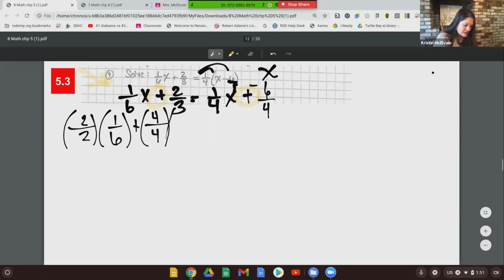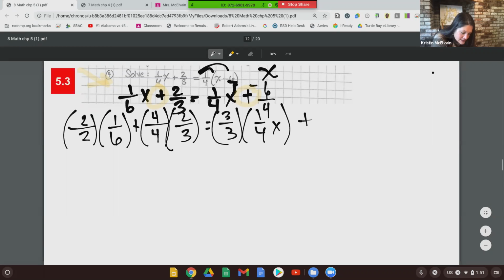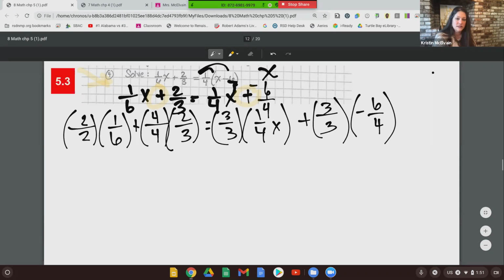So that's the same as 1 times 2/3 equals. Now these are the opposite, so they both have a 4. So we need to multiply both of those times 3/3 times 1/4 x plus 3/3 times -6/4. Whew.